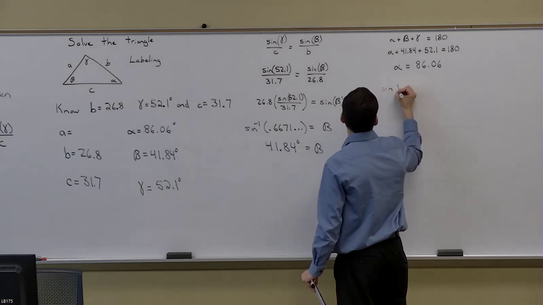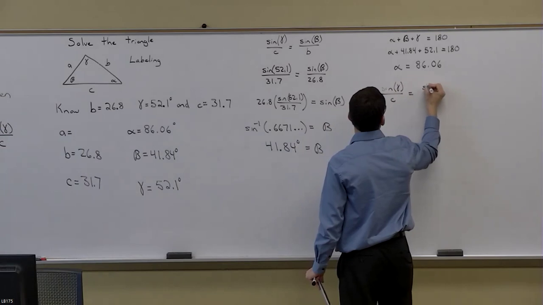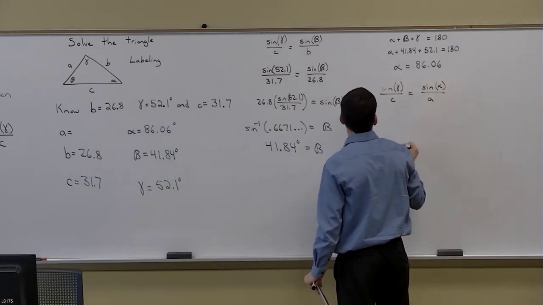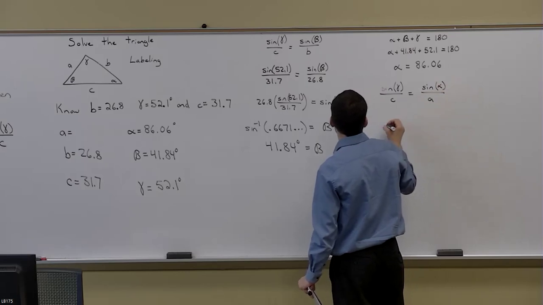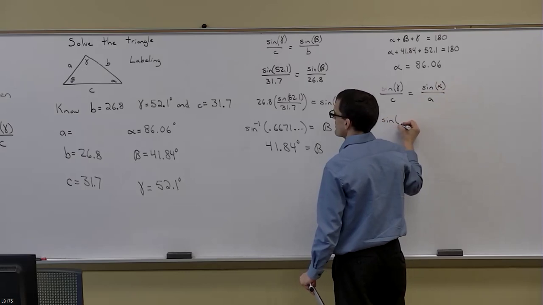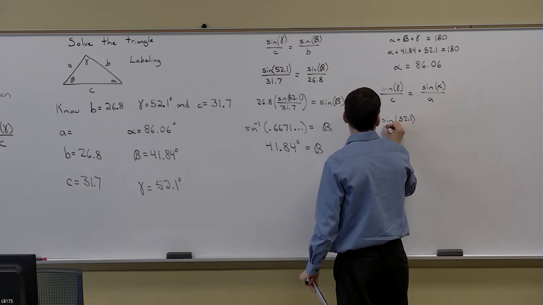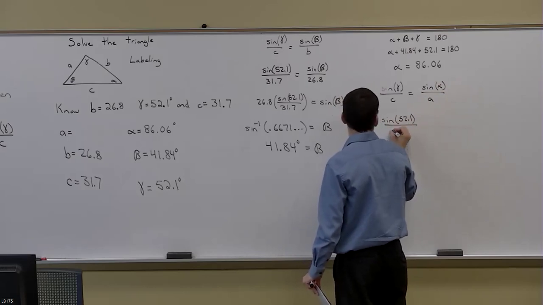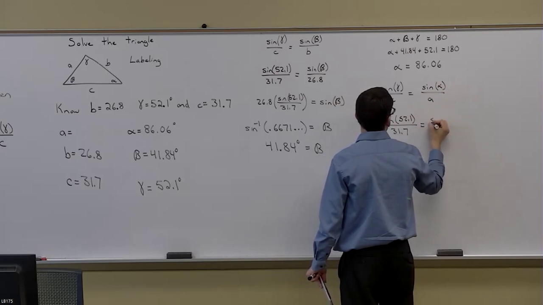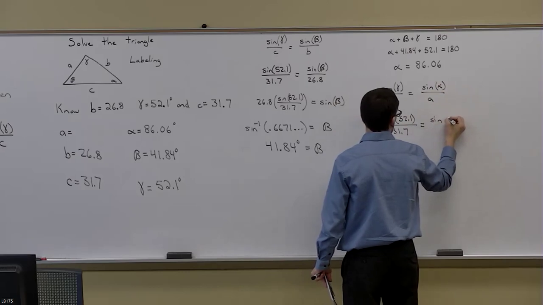meaning I'll use sine of gamma over C is equal to sine of alpha over A. The only thing I don't know in that equation is the A. Gamma's 52.1. C is 31.7. And then alpha, now I know, is 86.06.